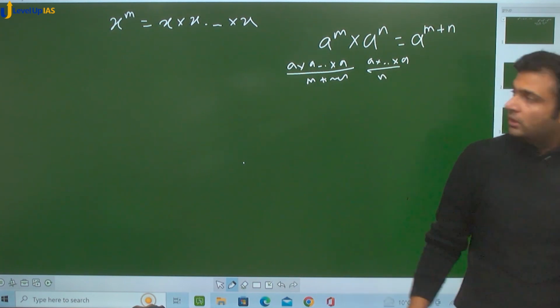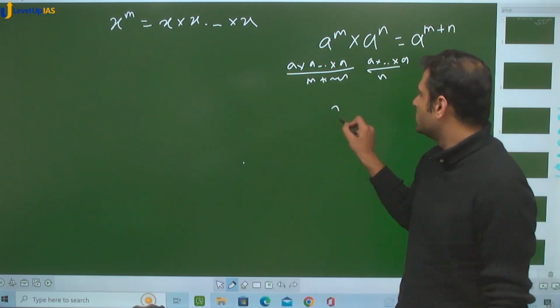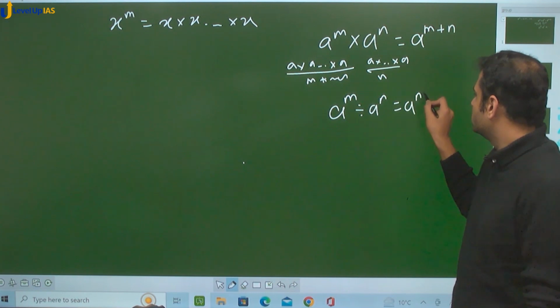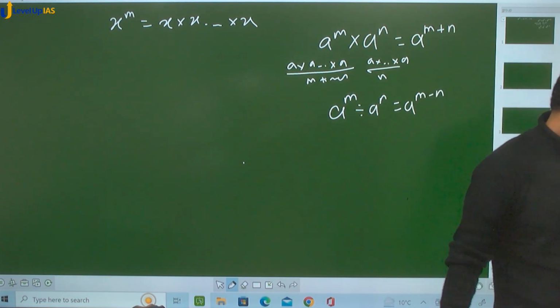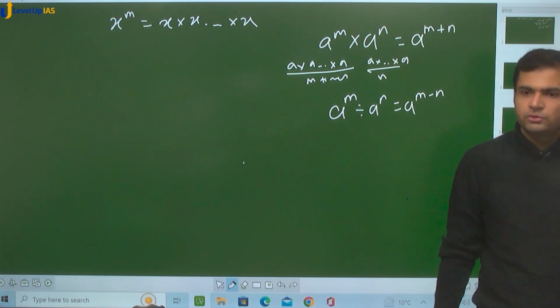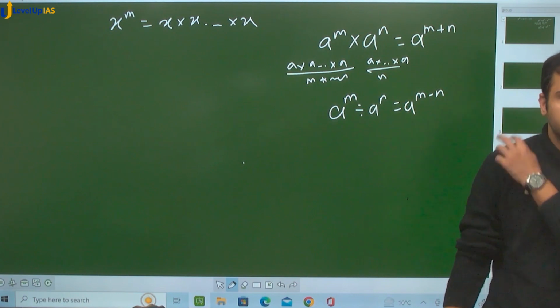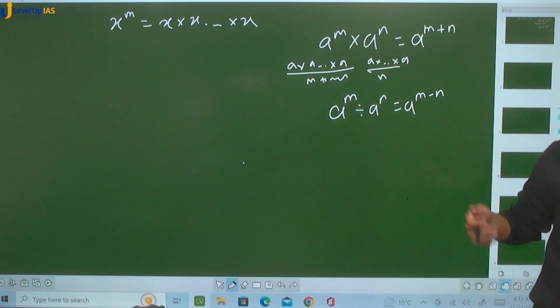Then other powers, division. Division is just the reverse of multiplication. So a raised to m divided by a raised to n is a raised to m minus n, right? Then a raised to 0 is 1 for all a's. Doesn't matter if a is natural, whole, real, rational, irrational, imaginary, anything.